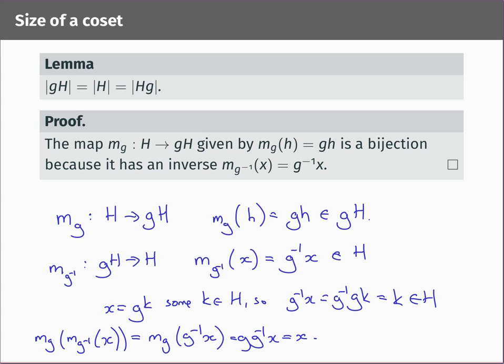And similarly, the composition the other way around is the identity on H. Therefore, both compositions are the identity, so these maps are inverses of one another. So they're invertible, so they're bijections, and that means their domain and codomain have the same size. So the coset of H has the same size as H. We're going to see why this is so useful in our next video.